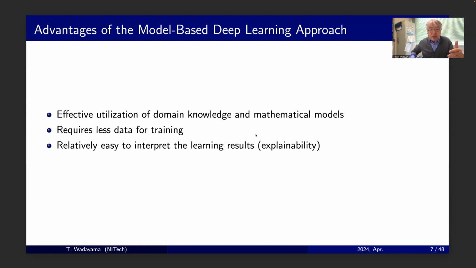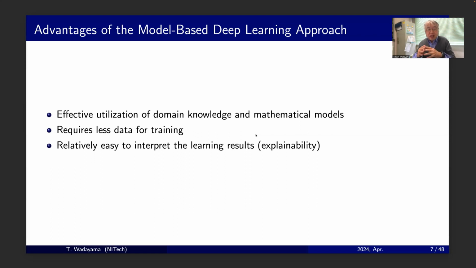In other words, we can stand on the shoulders of giants. The second merit is that it requires less training data. That's a very nice point. In the case of signal processing, the environment is rapidly changing. So fast real-time training is needed in many cases. Fast training is a strong point of this approach.